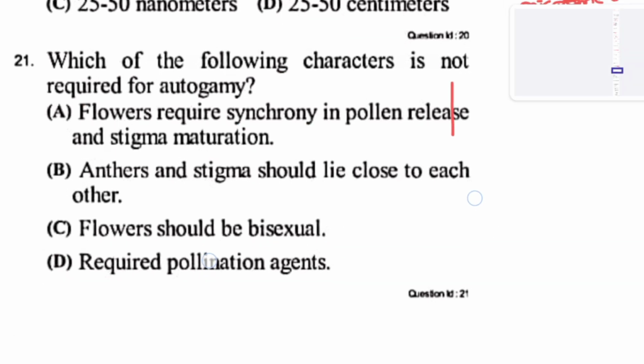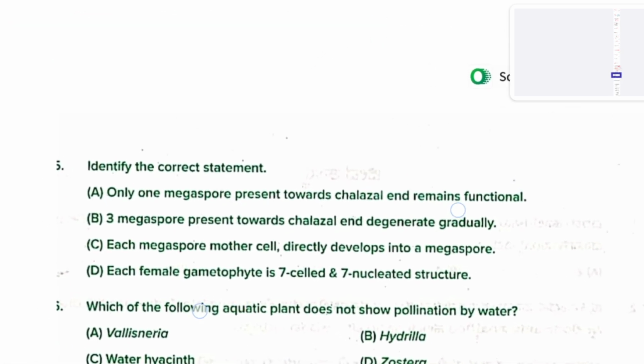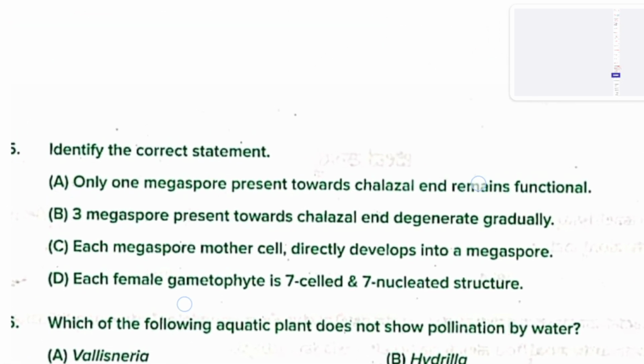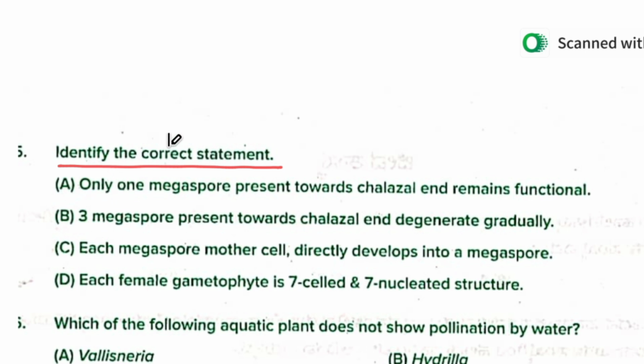Then read out the next question. Identify the correct statement. They have given 4 statements, you have to choose the correct one. Only one megaspore present towards chalaza remains functional.